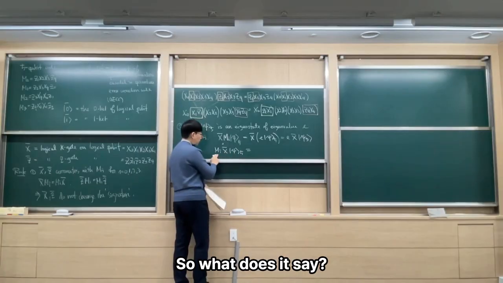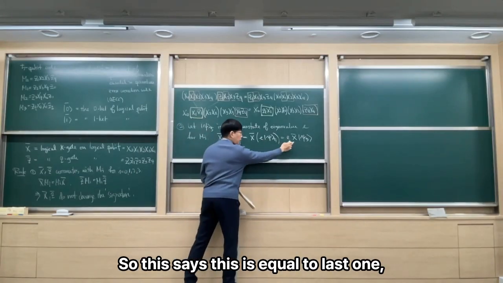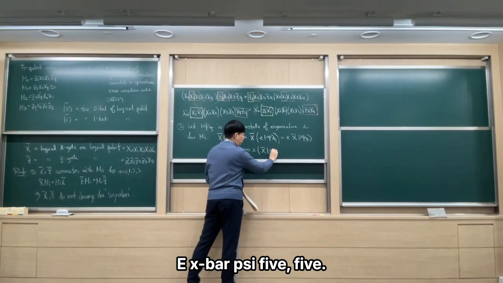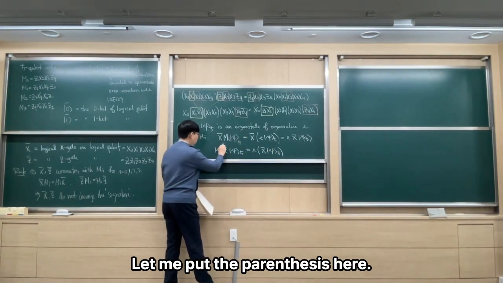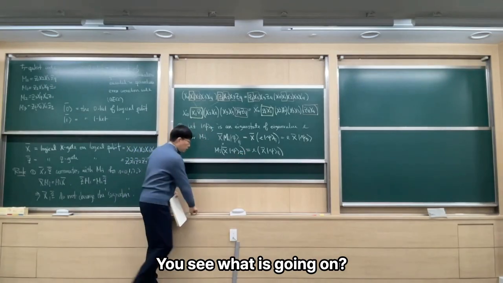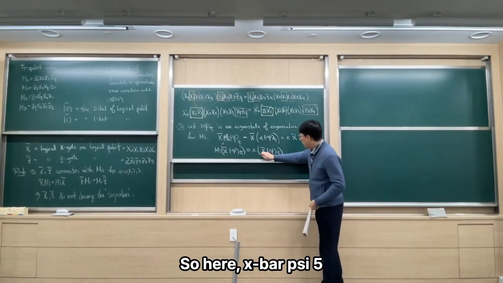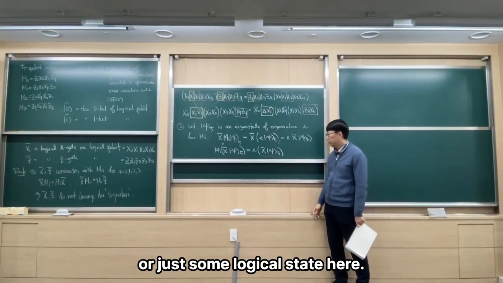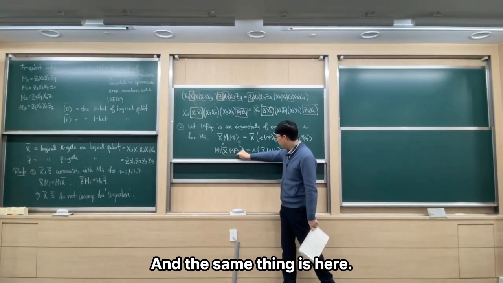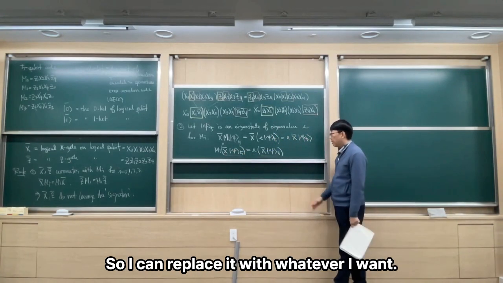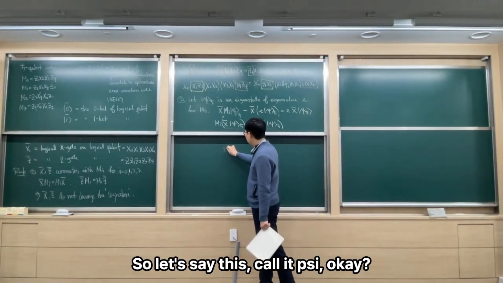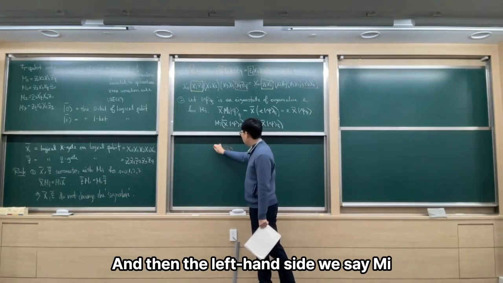So what does it say? This says this equals the last one, E x bar psi 5. So let me put the parentheses here. Do you see what is going on? Here, x bar psi 5 is just some logical state, and the same thing is here. So I can replace it with whatever I want. Let's call it psi bar.